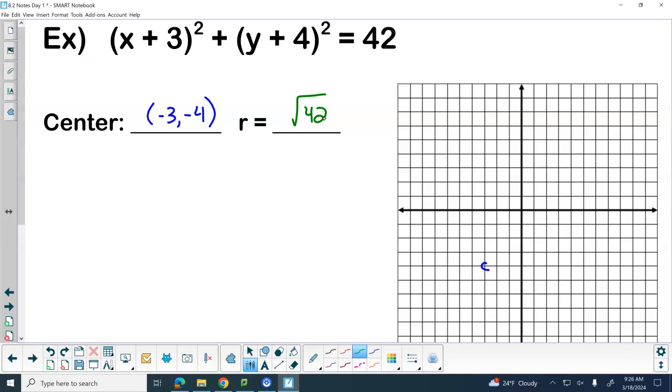We're looking at where 42 falls between 36 and 49. 42 gives me a gap here of 6, and a gap here of 7. So I put it pretty close to 6.5. Agree?